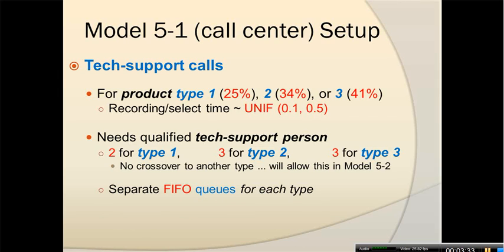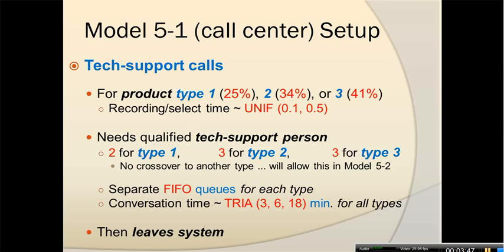We'll also have separate first in, first out, or FIFO, queues for each type. We'll have a conversation time delay, triangular, with parameters 3, 6, and 18 minutes for all types. After the tech support call is done, it leaves the system.